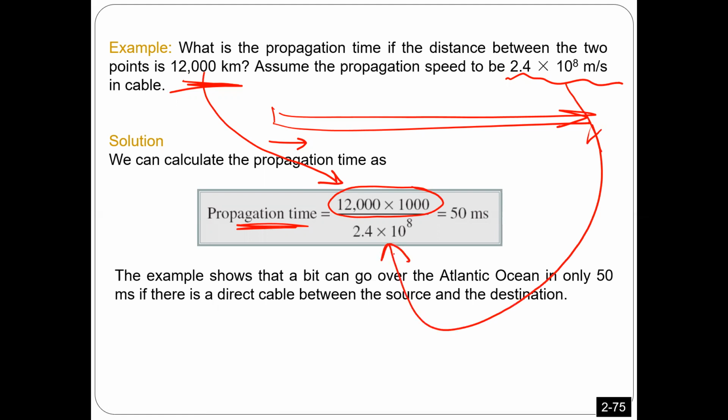If I do the calculation, it's going to take 50 milliseconds. This number is very interesting because you can see how fast these signals are. With 12,000 kilometers, a very huge cable, the signal only needs 50 milliseconds to move from the beginning to the end. So they are really very fast.